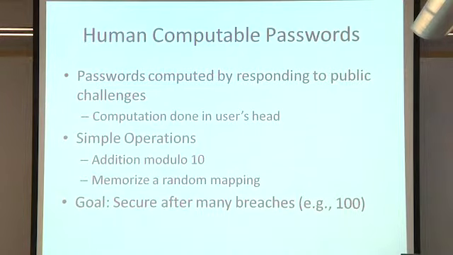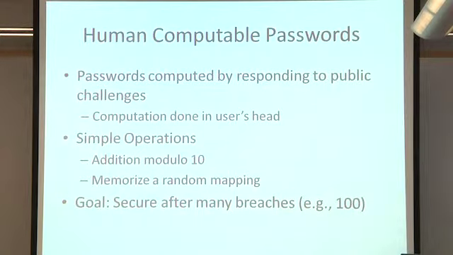In particular, we can only require people to do simple operations. We can't ask people to evaluate discrete logarithms in their head or do other fancy cryptographic operations. In fact, we're only going to use two simple operations. The first is addition modulo 10. So if I give you two numbers like 9 and 6, you can tell me that the remainder mod 10 is 5.